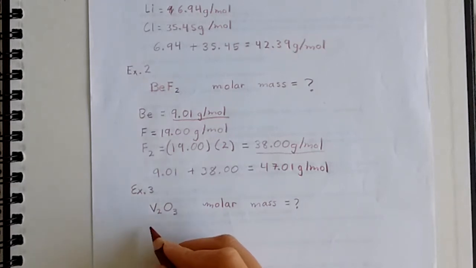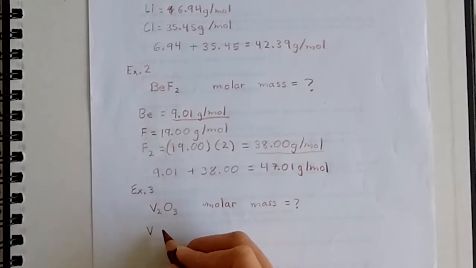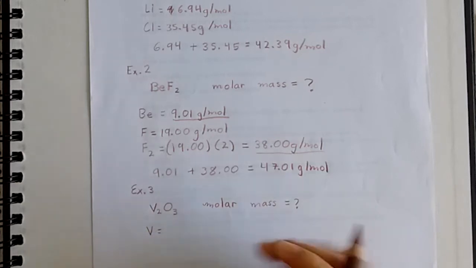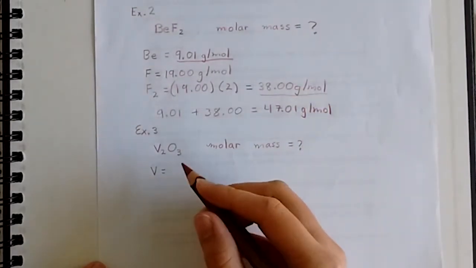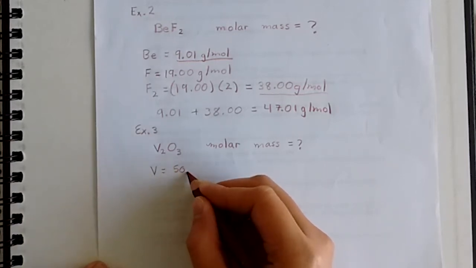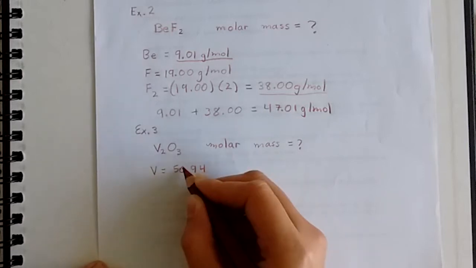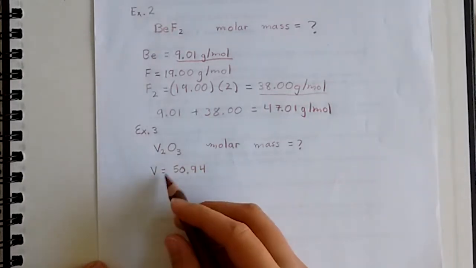We have V, which indicates vanadium, atomic number 23 on the periodic table. And we have oxygen. So what is the molar mass for vanadium? From the table it says it is 50.94. This is rounded to the second digit after the decimal point.